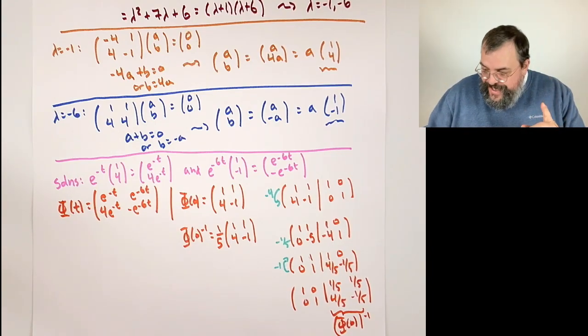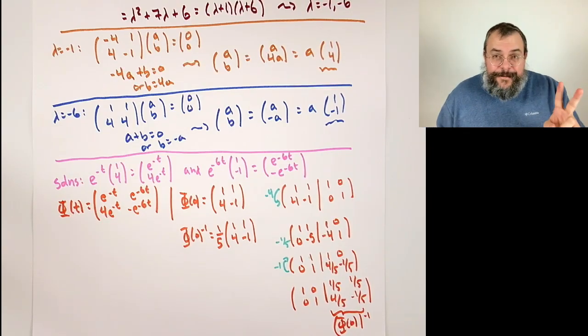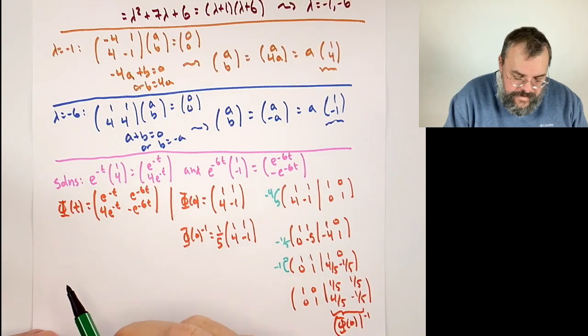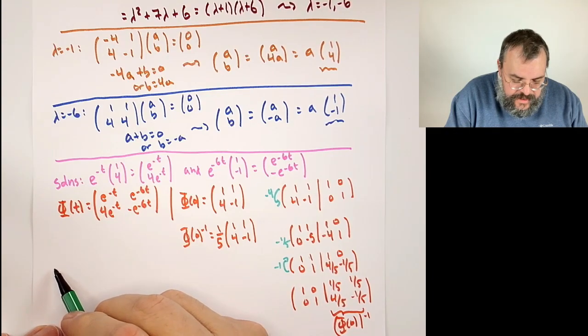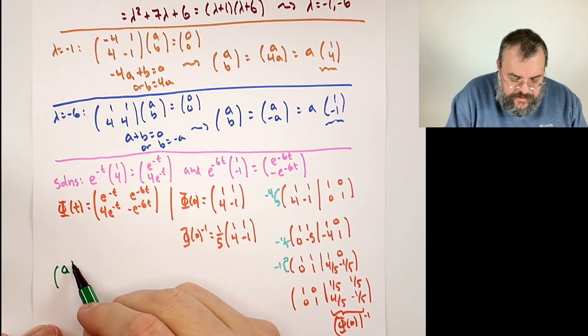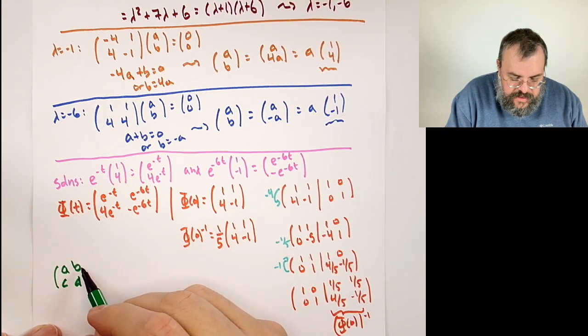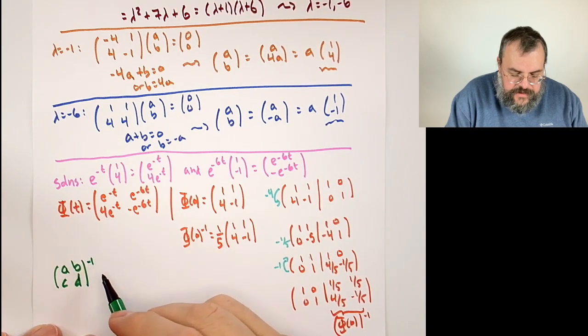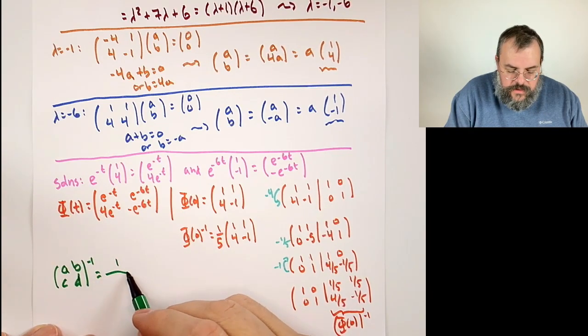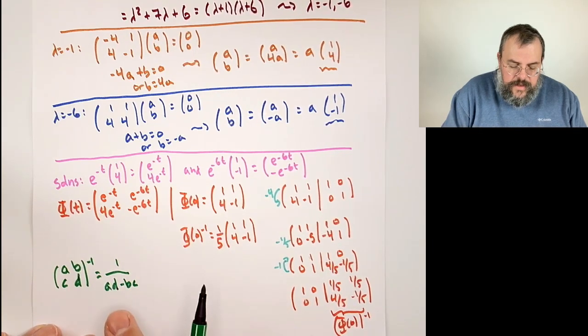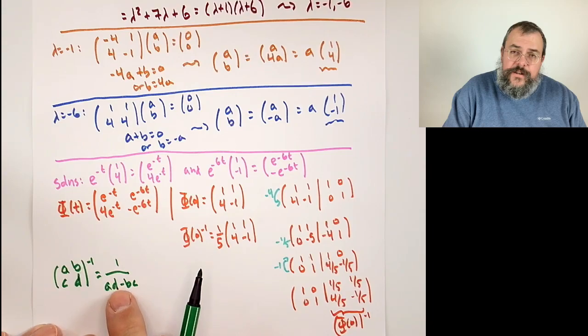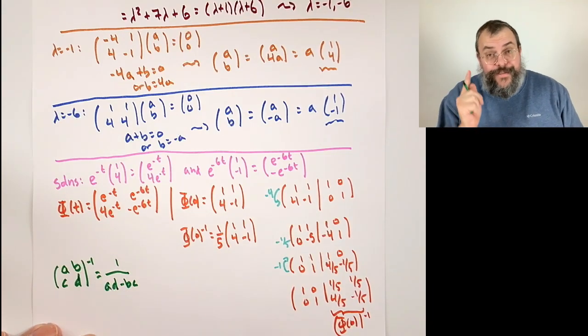But before we do, I promised there was a second way. So here's the second way. There's a formula. So here you go. If you have a 2 by 2 matrix, A, B, C, D, and you want to take the inverse of it, it's 1 over A times D minus B times C. And if you're like, that sounds like the determinant, it's because it is.